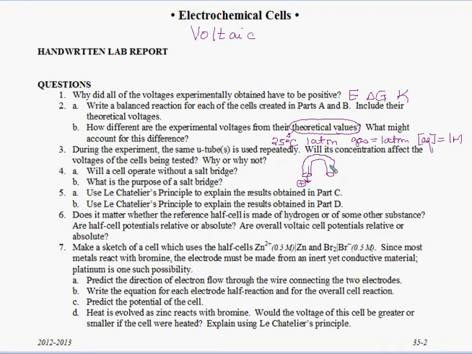And on the other side, that salt bridge is going to be releasing negative ions into the solution. By no means is a concentration specific, nor does a change in concentration really affect the voltage. But do be sure to answer what happens when the salt bridge no longer has a salt in it. Okay, so that helps you with questions 3 and 4.